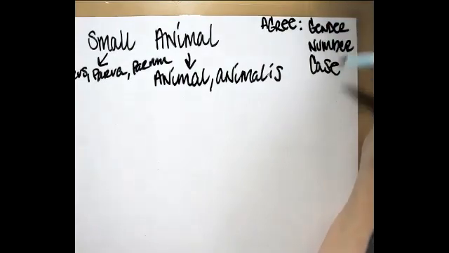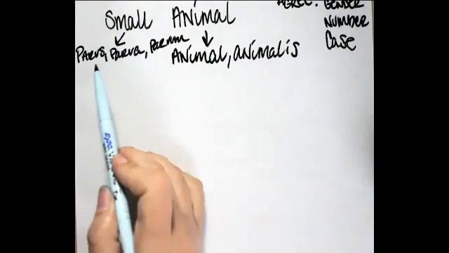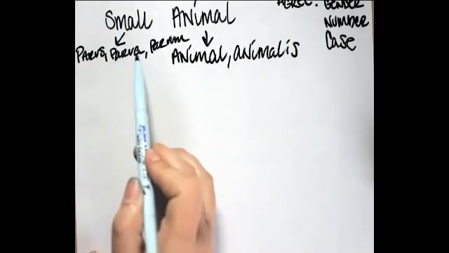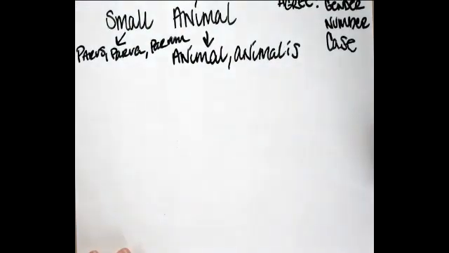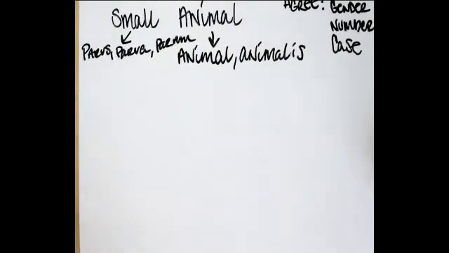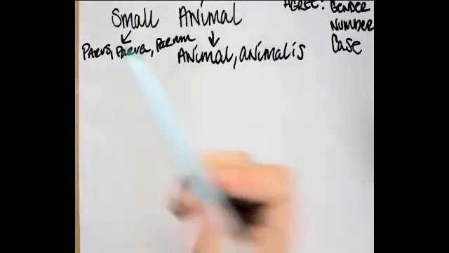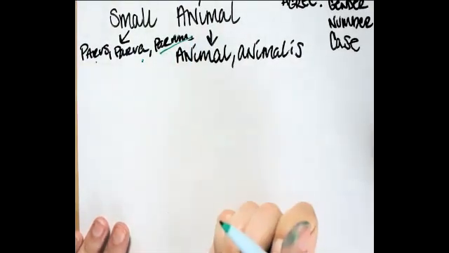Notice that declension is not on there. So we can have a first, second declension adjective modifying a third declension noun. It's totally fine, totally works. So what would this look like? Animal, animalis, this is a neuter. So we would need to find the neuter form of parvus, parva, parvum.